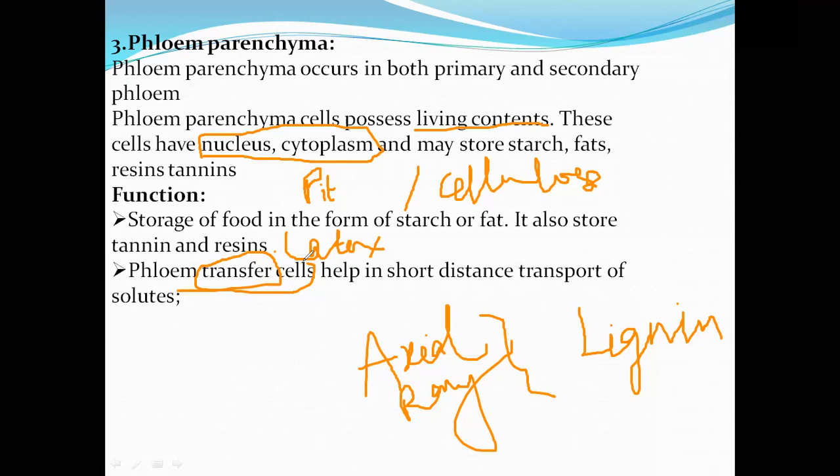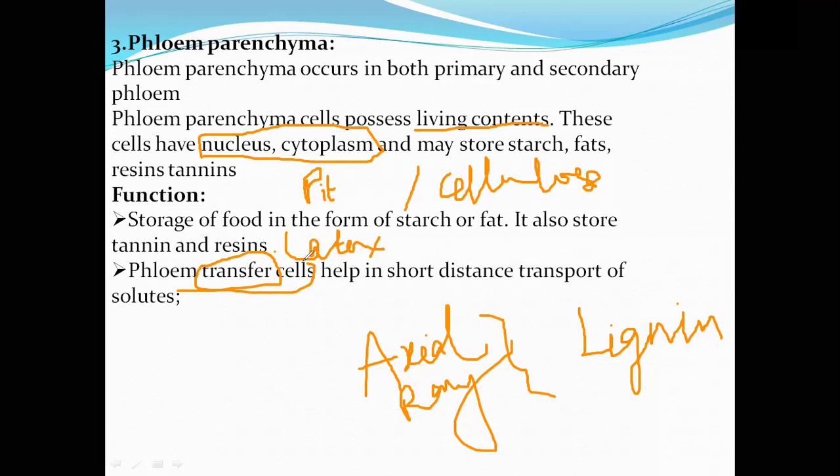Generally, there are two types of cells in this parenchyma: axial parenchyma cells and ray parenchyma cells. If the phloem is inactive, the cell wall becomes lignified.